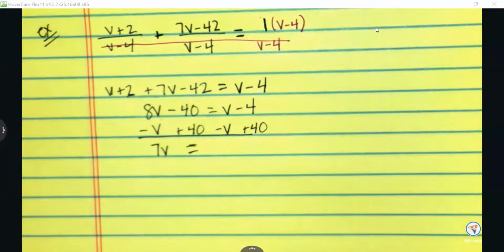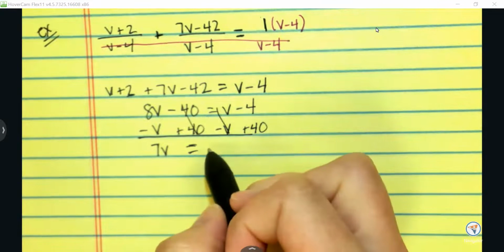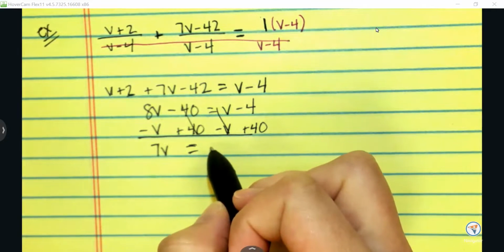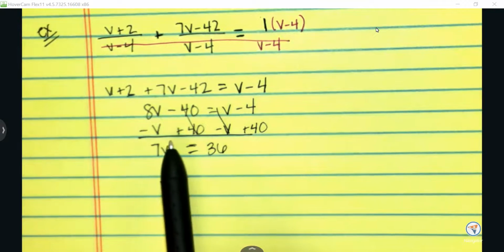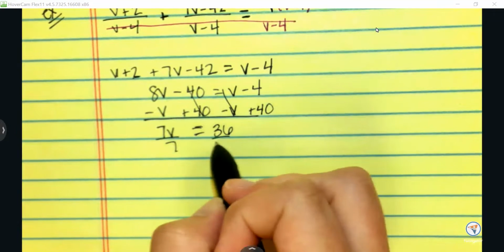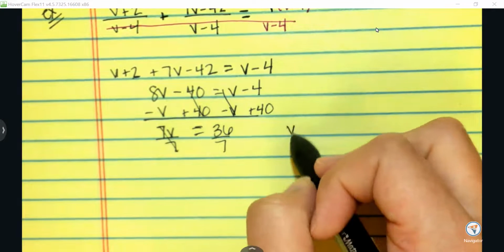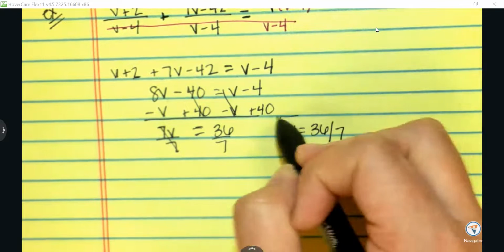What is negative 4 plus 40? 36. How do I solve for v? What's my next step going to be? Divide by 7. So what does v equal? 36 over 7.